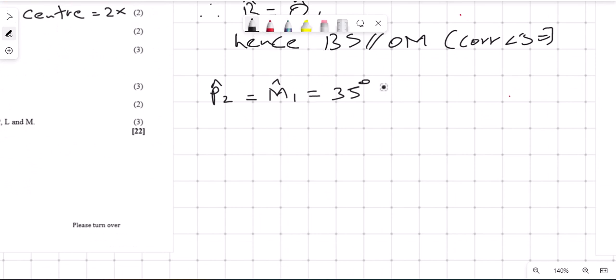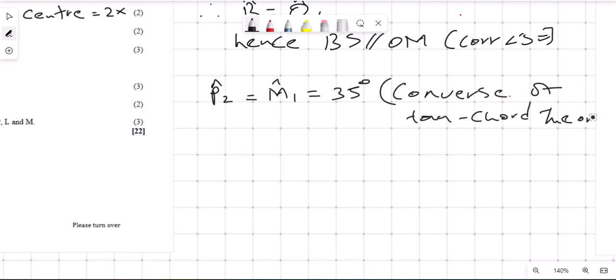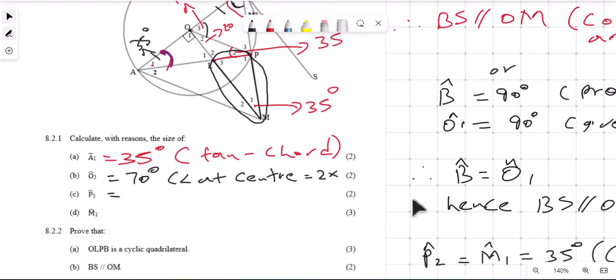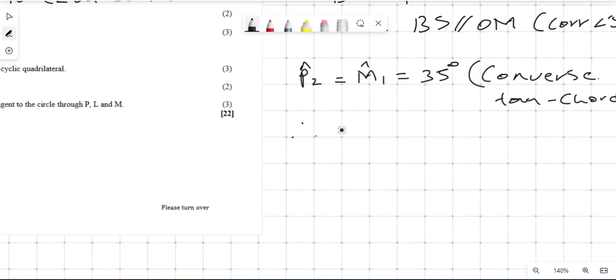Converse of the tan chord theorem. Therefore, what can we say? OP is a tangent.